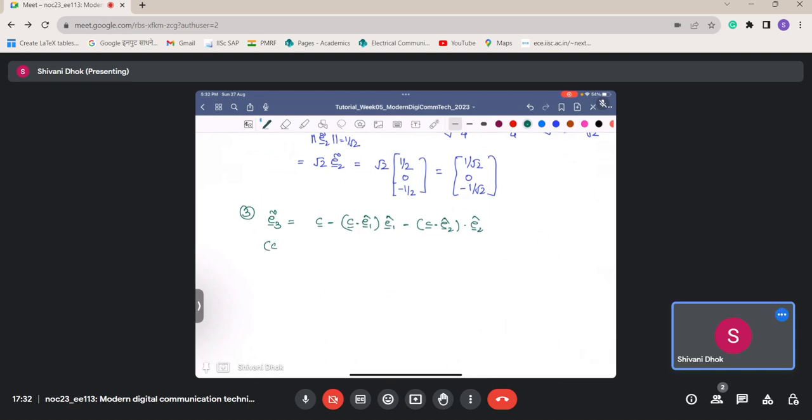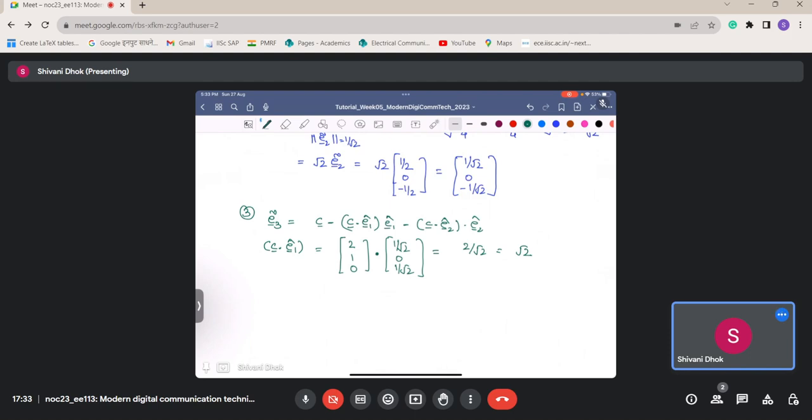C dot E1 hat: C is (2, 1, 0), dot product with E1 hat, which is (1 by root 2, 0, 1 by root 2). This comes out to be 2 by root 2, which is equal to root 2.